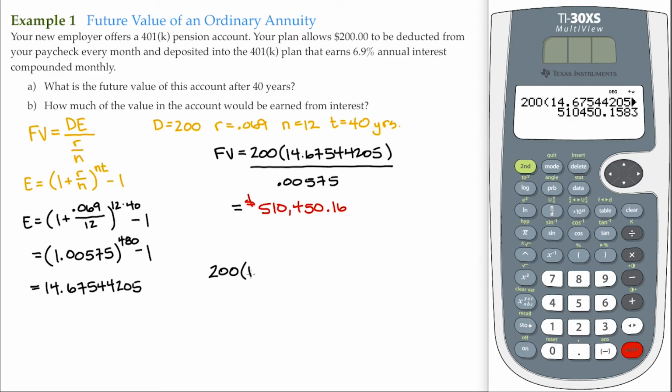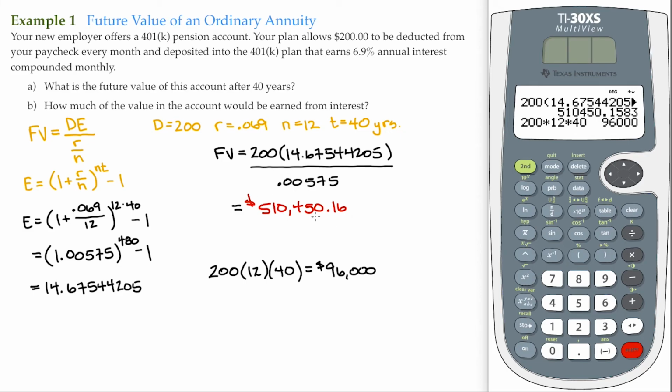That's 12 months a year for 40 years. $200 times 12 times 40. That's $96,000 that you or your employer actually contributed. The rest of it is interest.